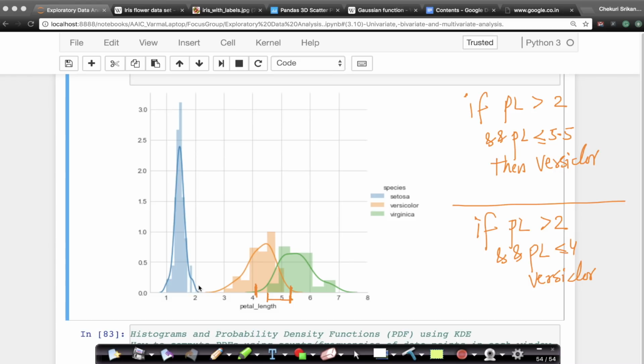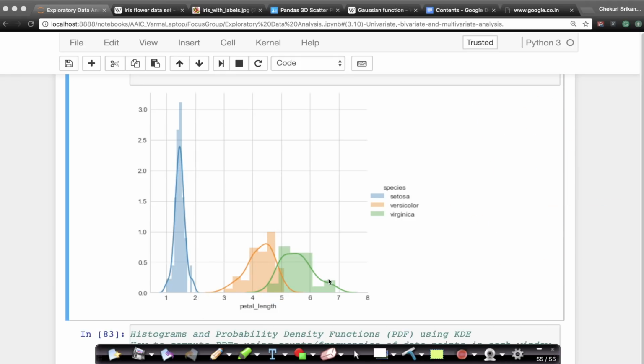I know that beyond 2 there is no setosa, so there has to be only versicolor or virginica. Anything in this region is versicolor. But that's wrong, because there are a lot of versicolor points even beyond 4. So by setting thresholds here, I have to make a mistake. I can't get rid of it.